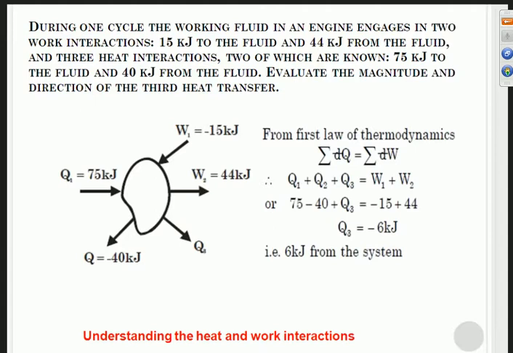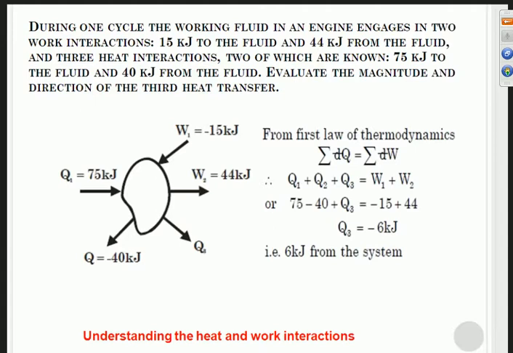We have to evaluate whether Q3 is towards the system or outside the system. A thorough understanding of heat and work interactions will give you the sign for this.